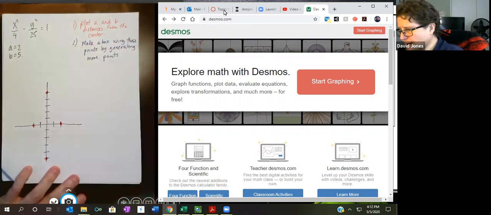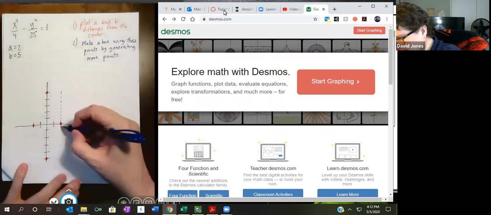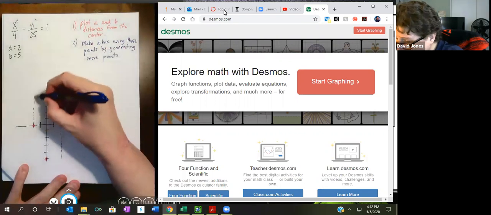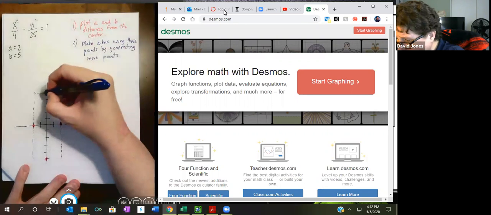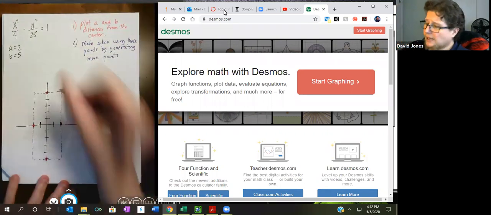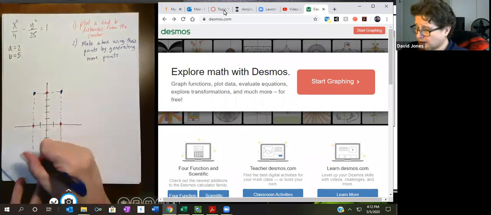So what I mean by this is I'm going to make the lines go up and down and sideways, and I'm going to make a box. And those are the points I was talking about. Generate those points.